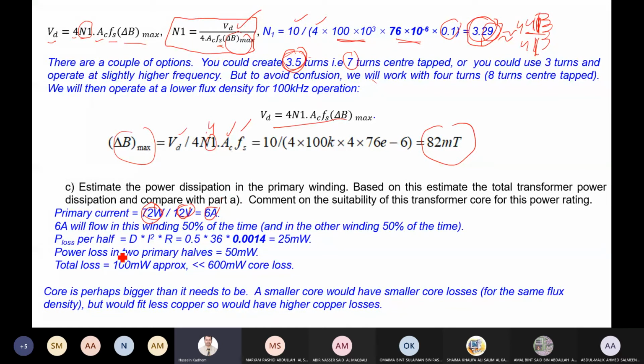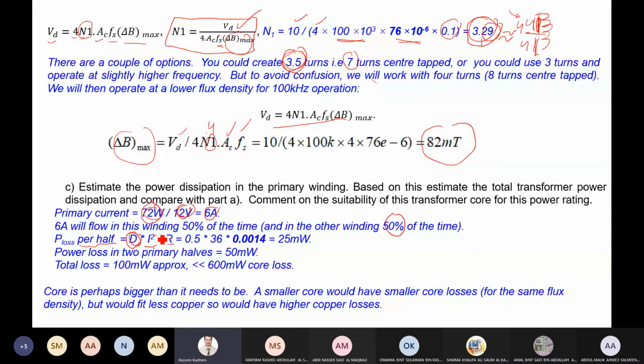Power losses in the winding N1, for switch 1 as an example, is I square R times D. Why D? Because each switch will work part of the time, which is 0.45, or let me say 0.5. I assume it is 50% of the time.